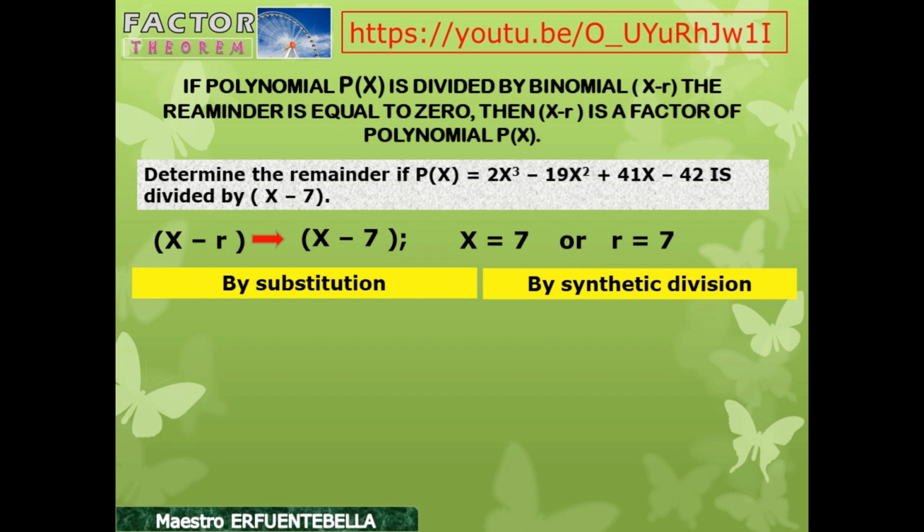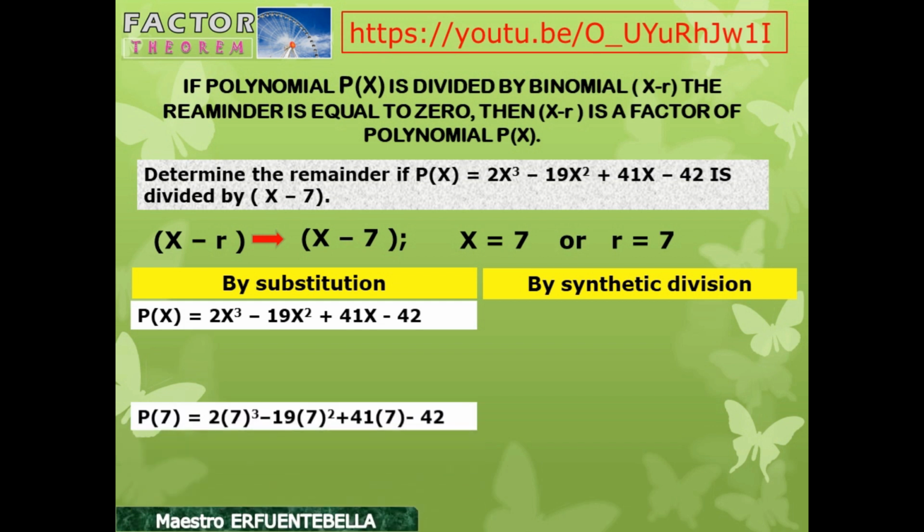Yan ay naipaliwanag natin sa ating previous videos, yung nasa taas na link regarding remainder theorem. So we have two ways, by substitution and by synthetic division. By substitution, we have the given 2x cubed minus 19x squared plus 41x minus 42.